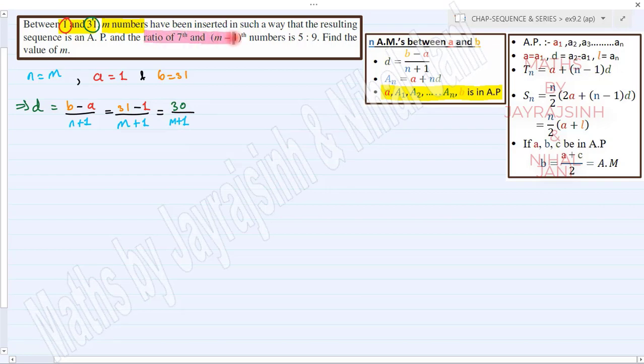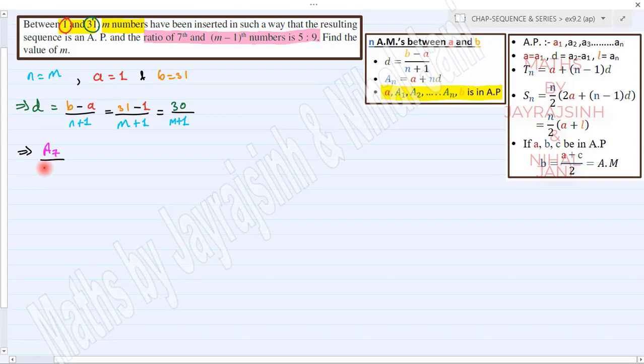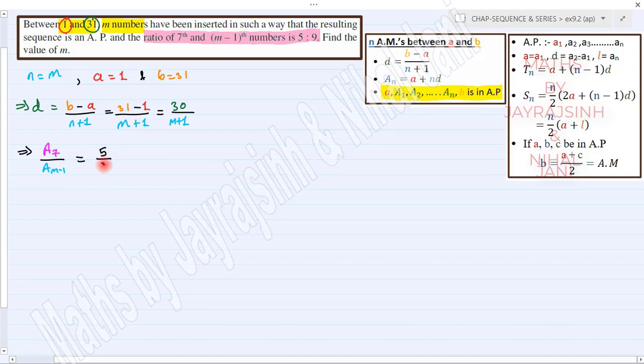And it is also given that the ratio of the 7th and (m minus 1)th term is 5 by 9.